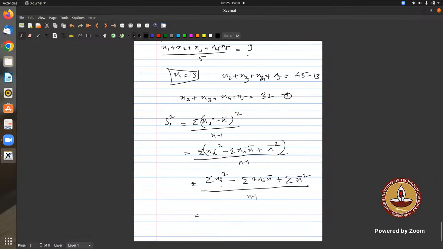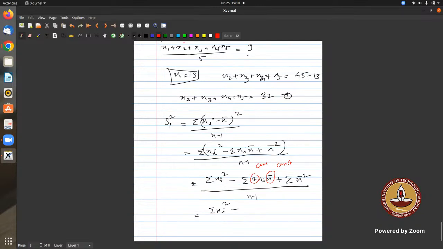This summation of xi square is as it is, that means x1 square plus x2 square plus x3 square plus x4 square plus x5 square. Here you see this 2 is a constant, and x bar, 9, is also constant. Yes, sir. It should be constant for any data set, right?